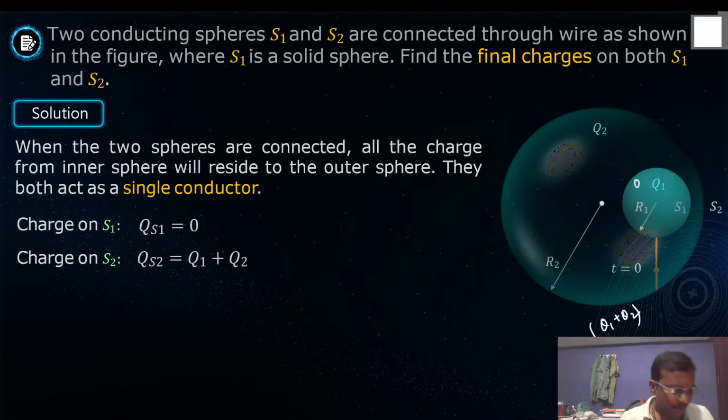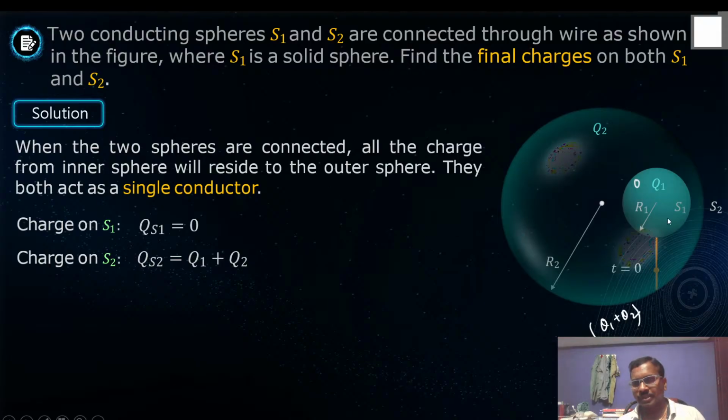Okay, next I will go to the next. It is clear? So let us see. This is one of the spheres, this is the small sphere. Two conducting spheres S1 and S2 are connected through a wire as shown in the figure, where S1 is the solid sphere. Find the final charge on both S1 and S2.